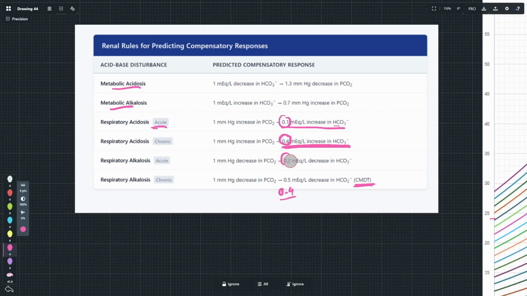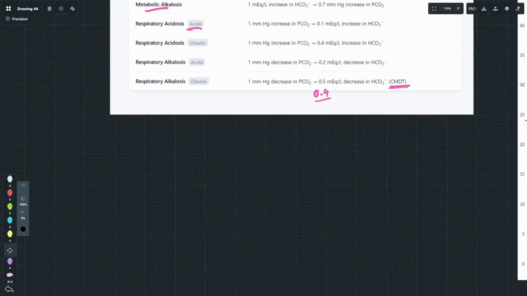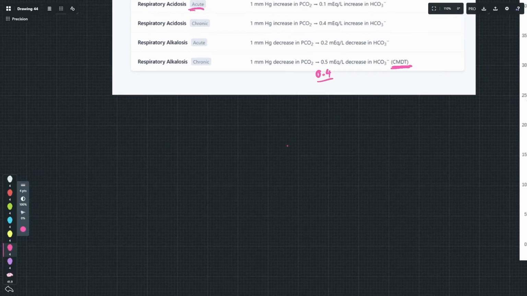Well, to be really honest with you, I don't know. But a logical reason could be, now it's more of my speculation or my own hypothesis, the kidney, if I draw a simple nephron.